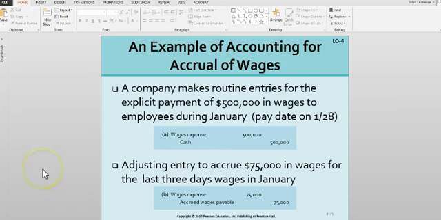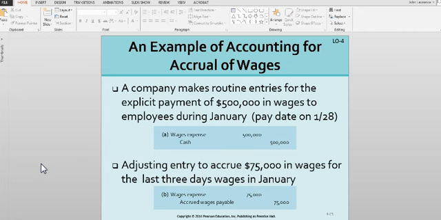Now we're properly stating 31 days of salaries expense for the month of January. 28 days, or $500,000, have already been paid, and 3 days, or $75,000, still have to be paid.